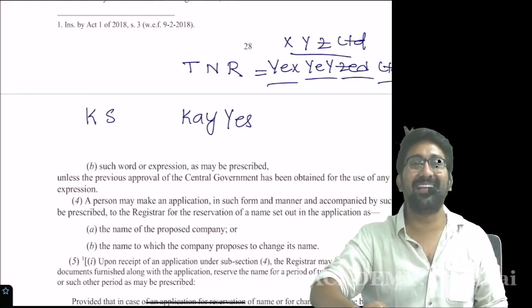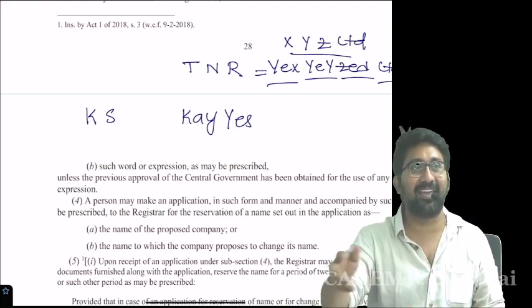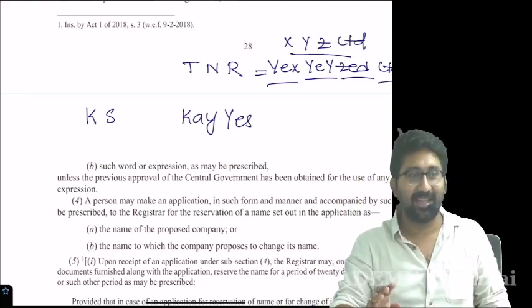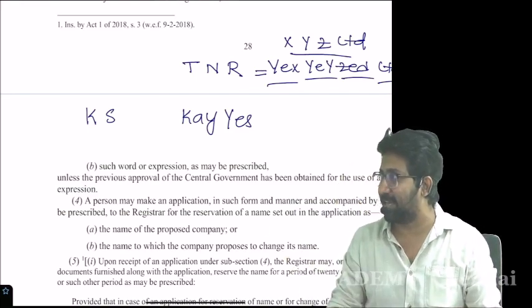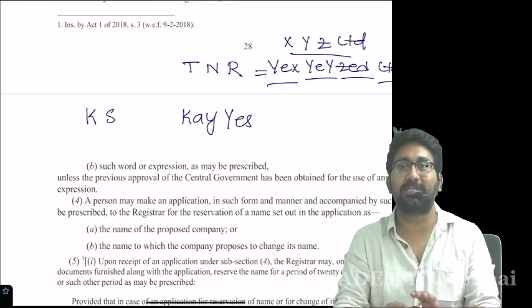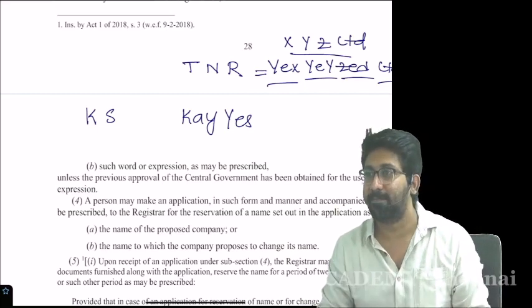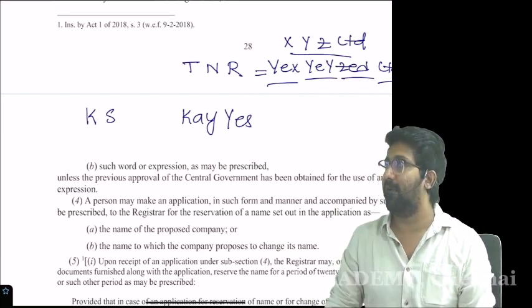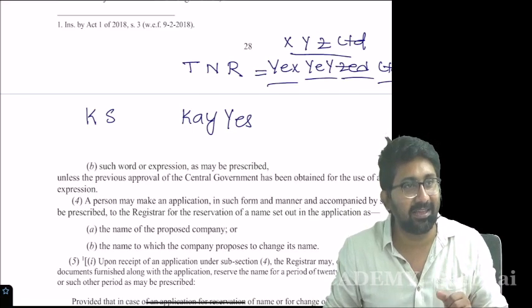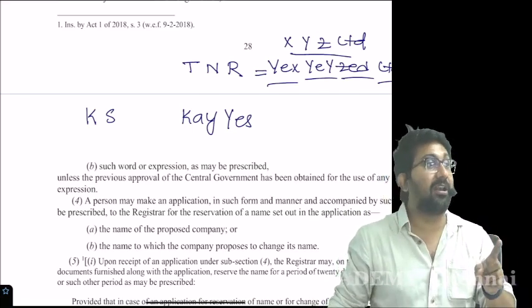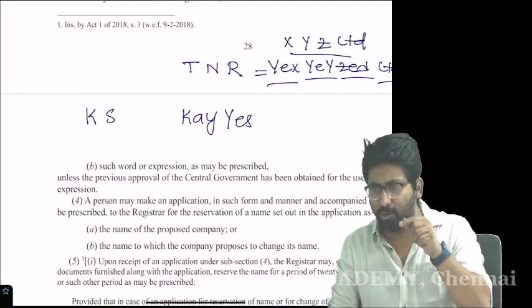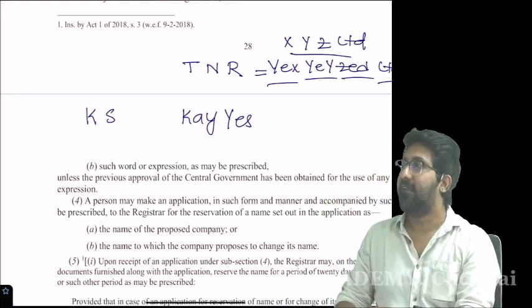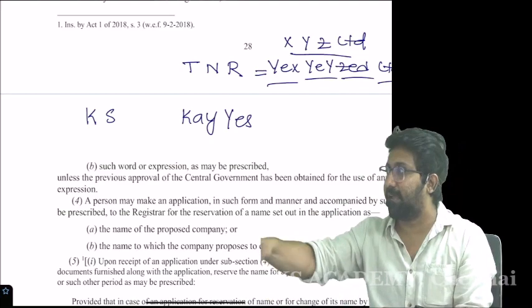So I started a company with the name KAYYES. Now, will this be approved by ROC or not? Why? Already there is a company with a similar or too nearly resembling name, already incorporated with the name KS Academy.